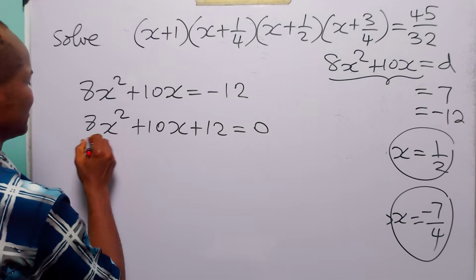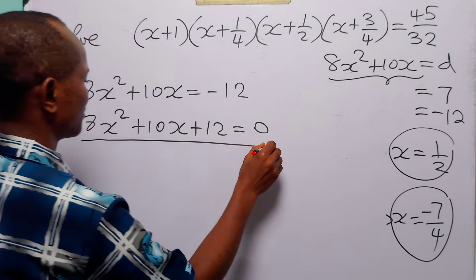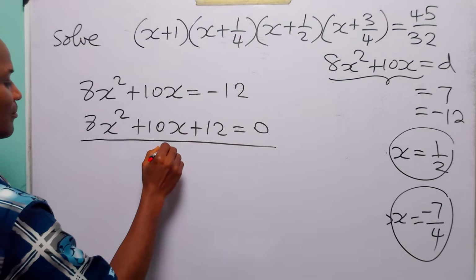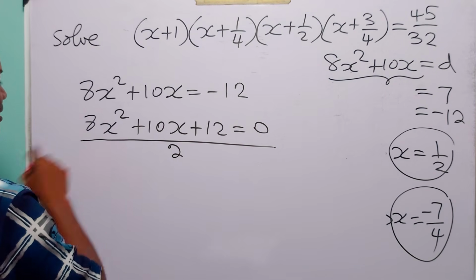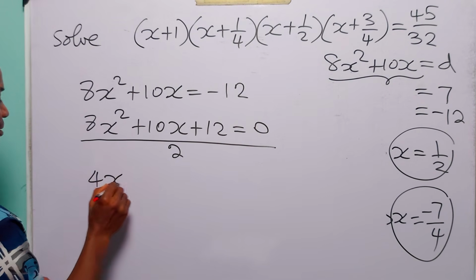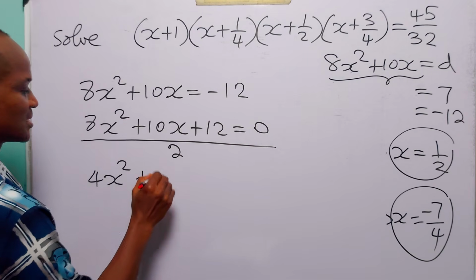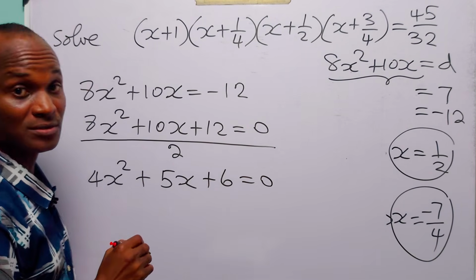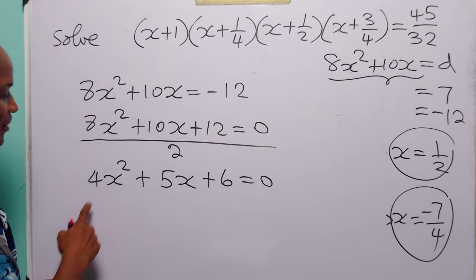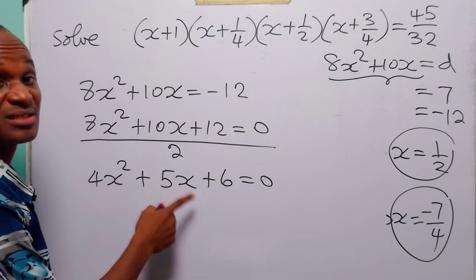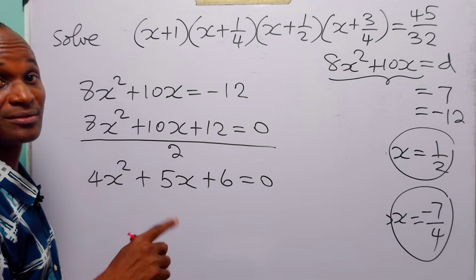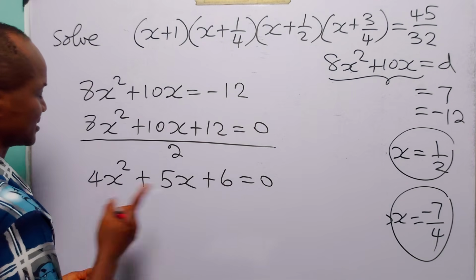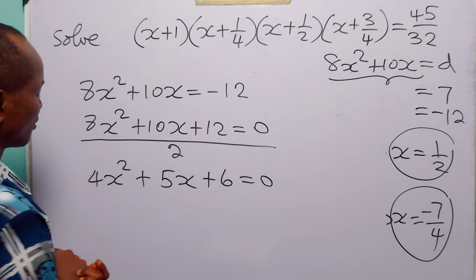Now, first of all, let us divide through this equation by 2. We have 4x squared plus 5x plus 6 is equal to 0. Now, I do not think that this quadratic equation is going to yield real values of x. But of course, we can always check.